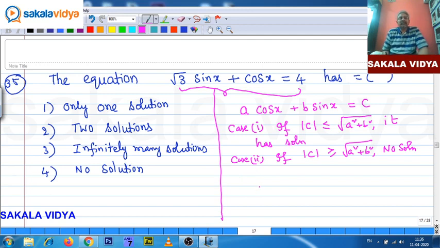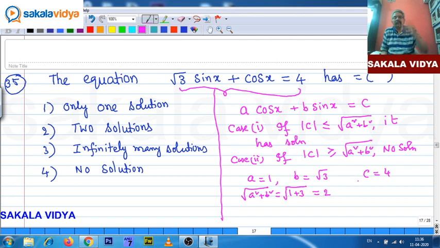So actually here we have a equals 1, b equals root 3 and c equals 4. First, root of a square plus b square. This is 1 plus 3, root 4 is 2. So mod c is equal to 4.